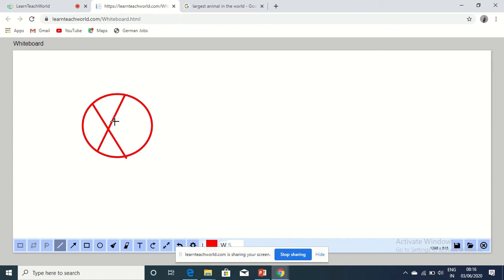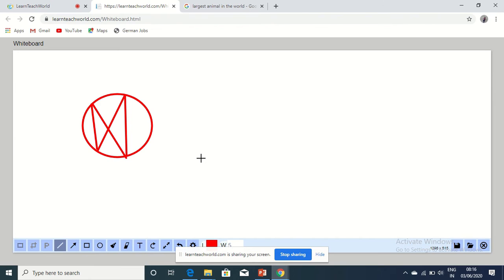What I mean by this statement is, let me draw it completely. This is the circle, and suppose this is the construction I am doing.